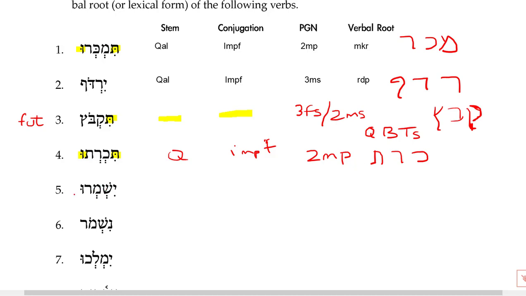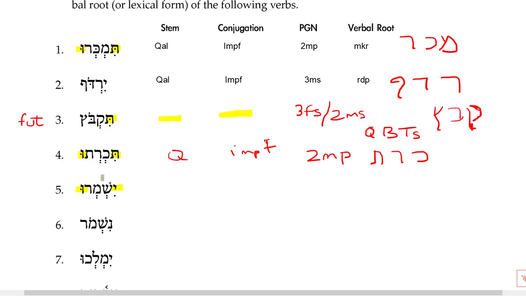Okay, yishmeru, our next one here. Again, notice we have a yod prefix and a shureq ending. Now we noted before that the third masculine plural and the second masculine plural are very similar except for the prefix. So tikhretu would be second masculine plural.